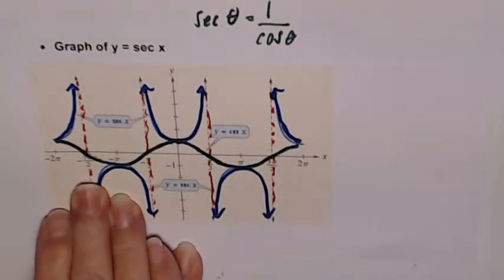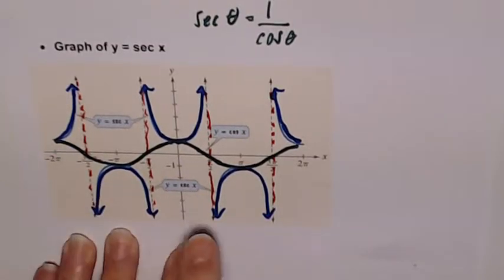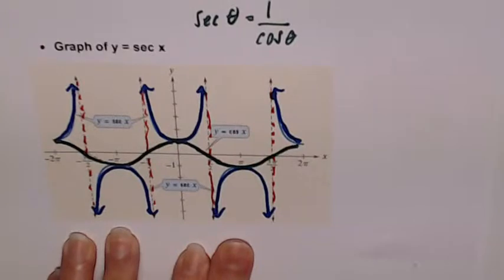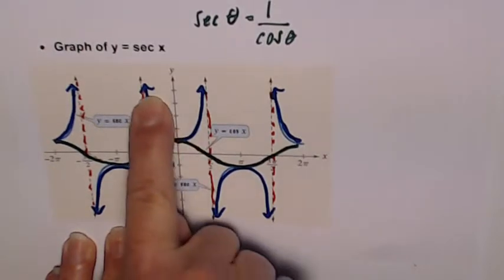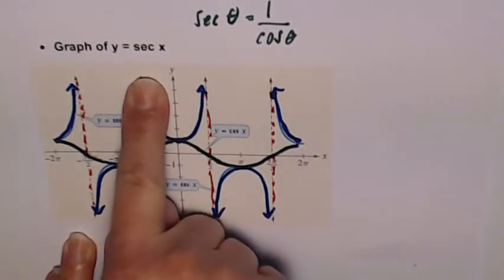Similar to, and you know how I always say, look for the patterns, because the patterns will help make sense of math so often. So similar to the patterns that we saw with cosecant and sine, when we have a maximum value in our cosine function, that gives us a minimum value in our secant function.